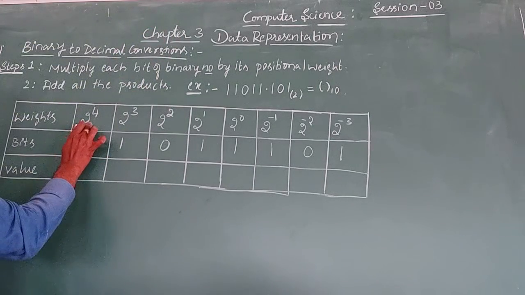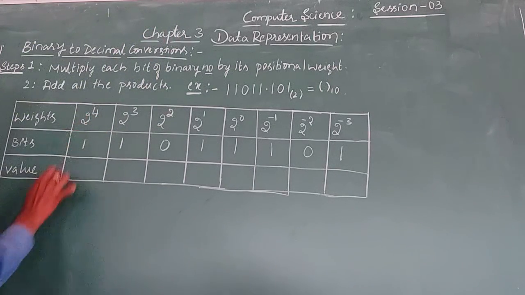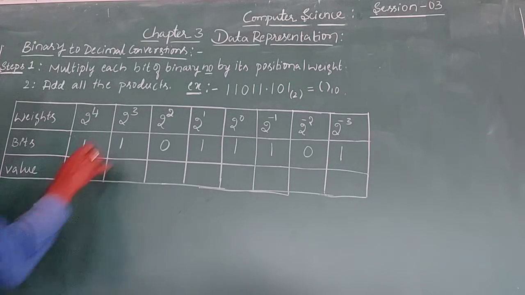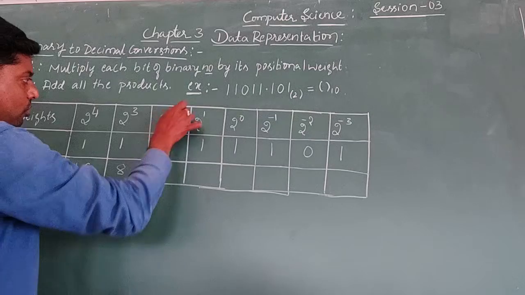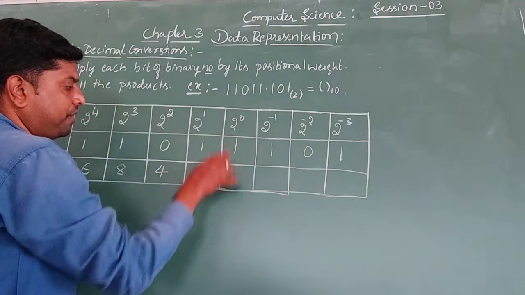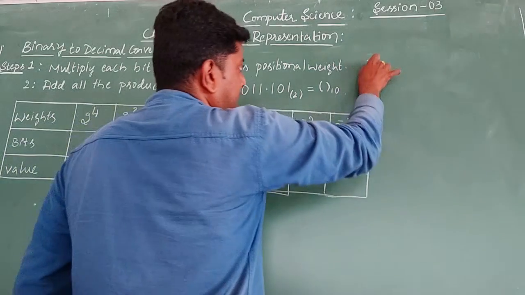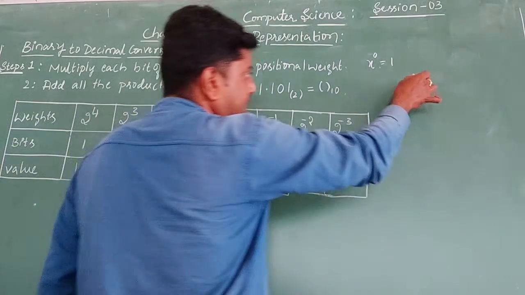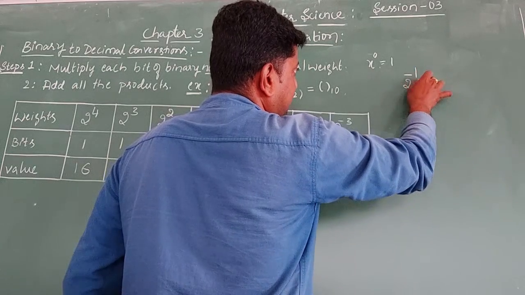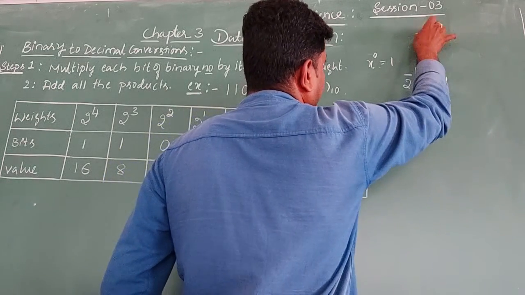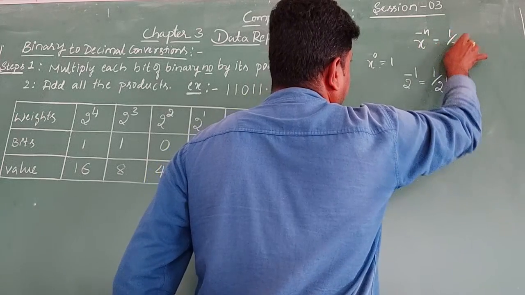Now you just multiply the values. 2 to the power of 4 means 2 into 2 into 2 into 2. 2 2s are 4, 4 2s are 8, 8 2s are 16. 2 to the power of 3 is 8. 2 to the power of 2 is 4. 2 to the power of 1 is 2. 2 to the power of 0 is 1, because anything to the power of 0 is equal to 1. 2 to the power of minus 1: see here, 2 to the power of minus 1 is equal to 1 divided by 2 to the power of 1, because x to the power of minus n is equal to 1 divided by x to the power of n.